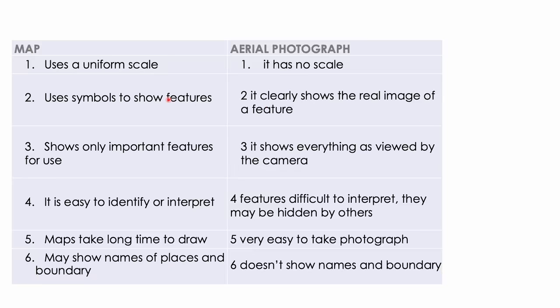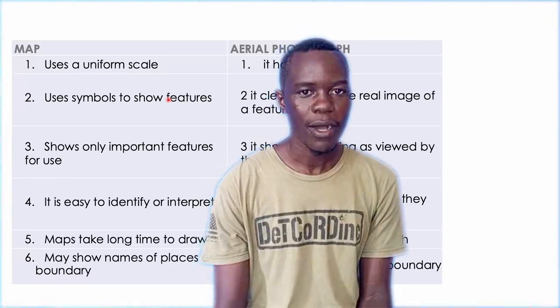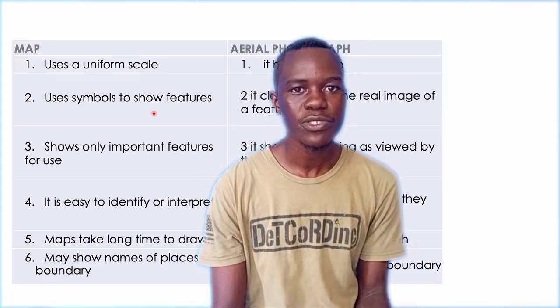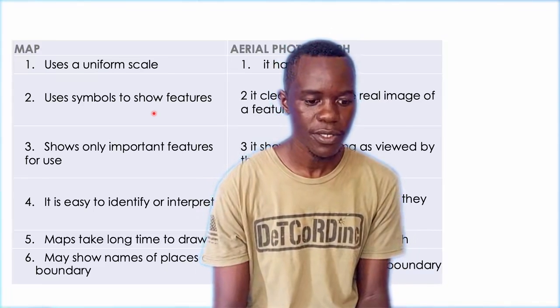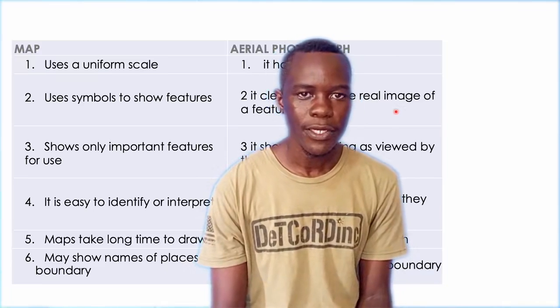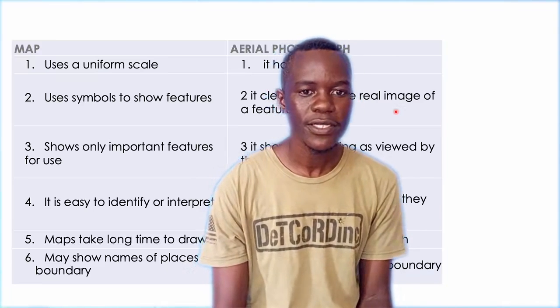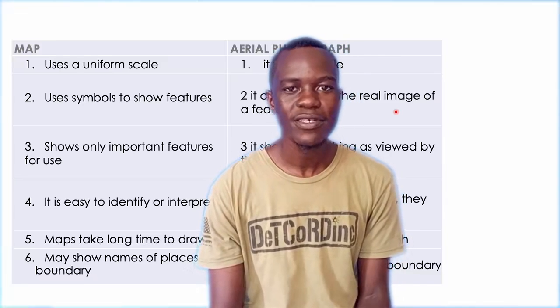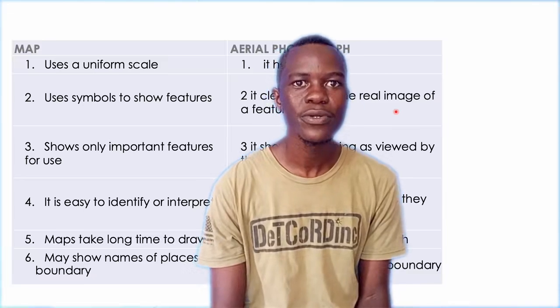So when you look at the map, you find that the features which are in the world are just presented using symbols. But on an aerial photograph, you find that the features of the world are presented with the real pictures.